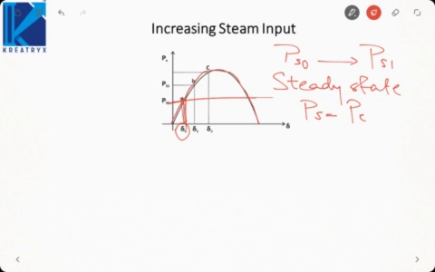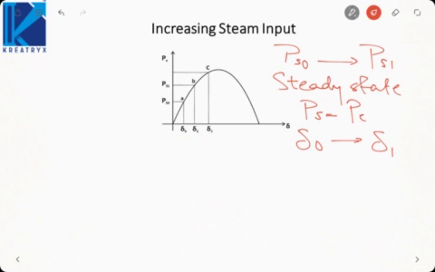When the shaft power has been increased to PS1, the intersection moves to the point delta 1. That means the new steady state value should be delta 1. So we have to go from delta naught to delta 1. Ideally the delta should have increased from delta naught to delta 1, but let us see what happens practically.